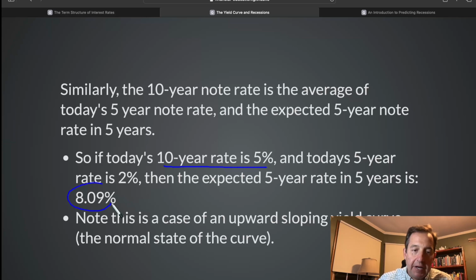So this is an upward sloping yield curve. The 5-year rate now is 2%, and we expect the 5-year rate in 5 years to be 8%. So we expect increased economic growth.